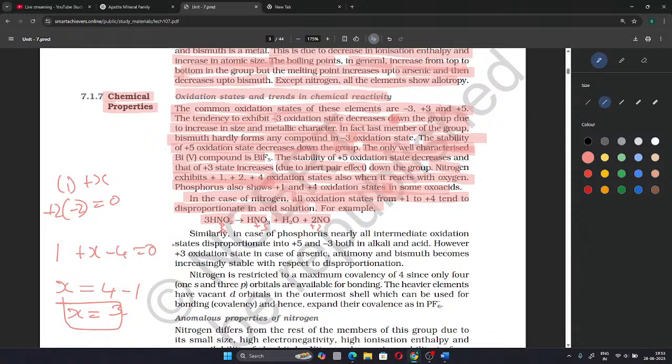This is what we call a disproportionation reaction: both reduction and oxidation happen for the same element.